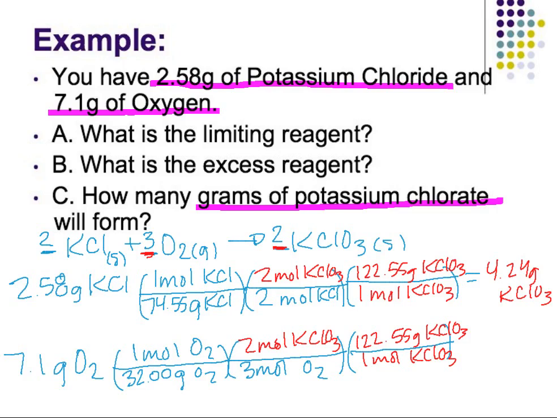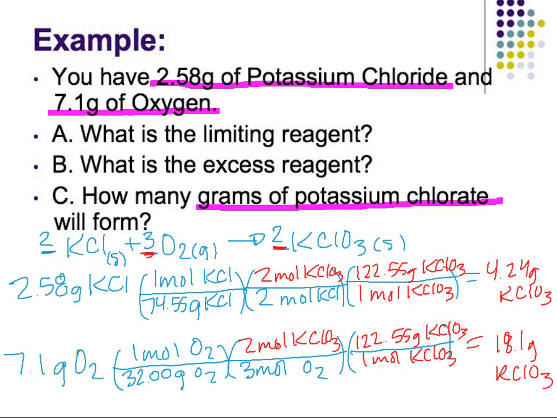So check out the top of the middle parentheses is the same on both problems, and the last parentheses is the same on both problems, because we're converting both to the same product, the KClO3. Once I do the math on the second problem, I get 18.1 grams of KClO3.